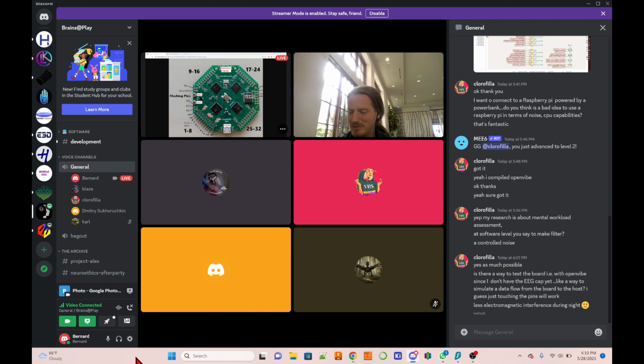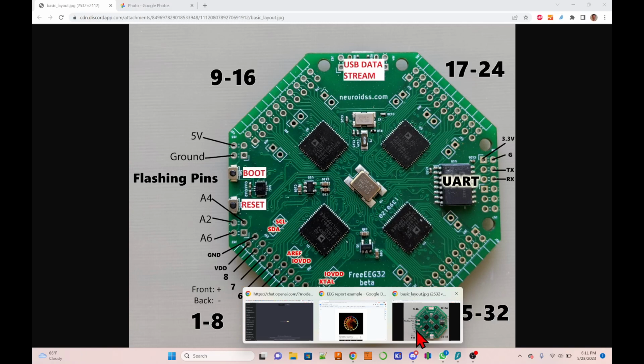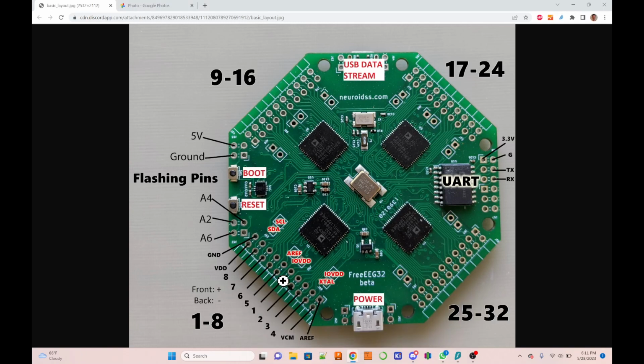So you take a piece of copper wire and jump it directly, let's say on channel 1, from positive to negative. And then you will notice that channel goes completely silent.